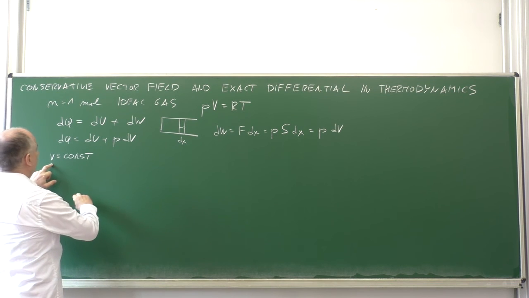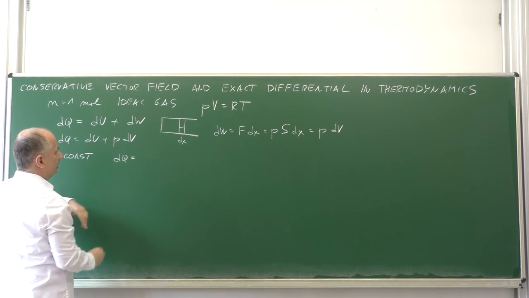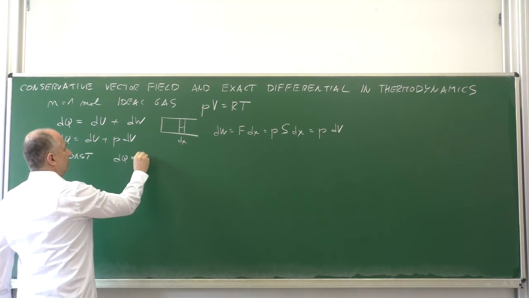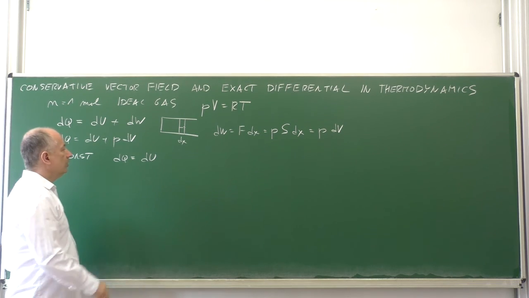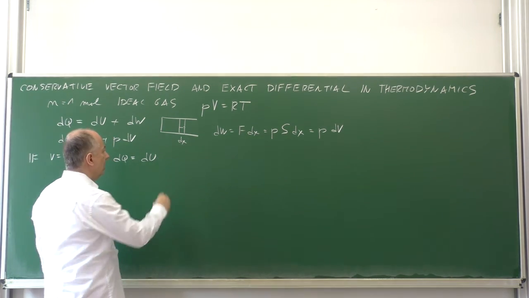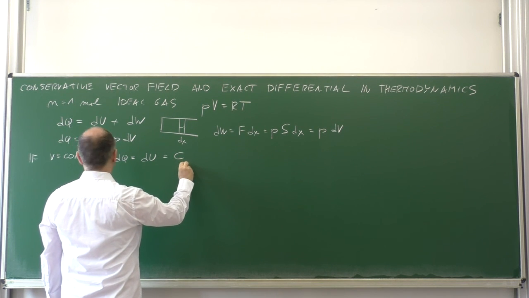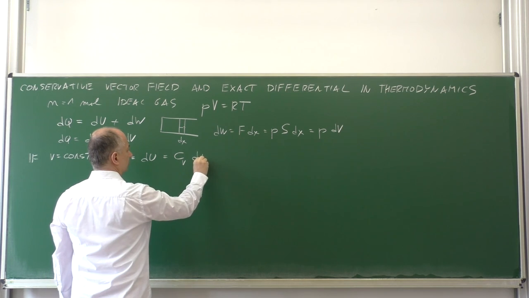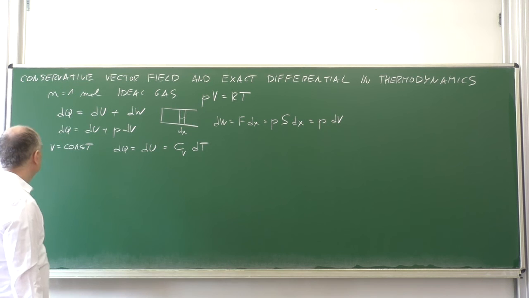Then, if V is constant, dV is 0, and the heat that we add to the system transforms to the internal energy alone. And this is proportional to the change of temperature, and the constant of proportionality is denoted Cv, the specific heat with constant volume.